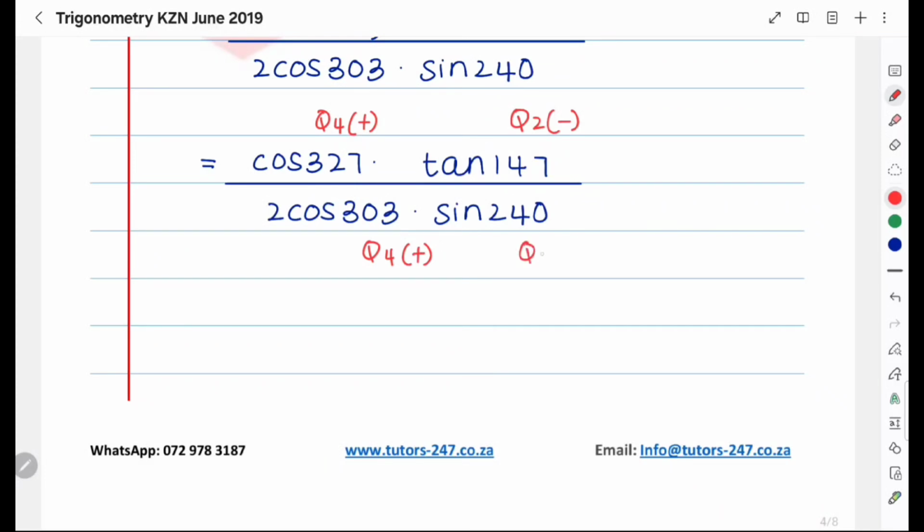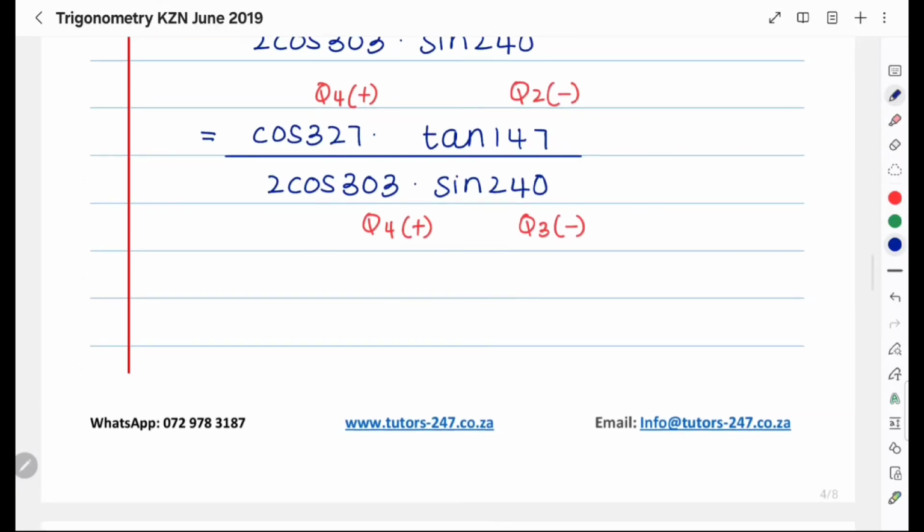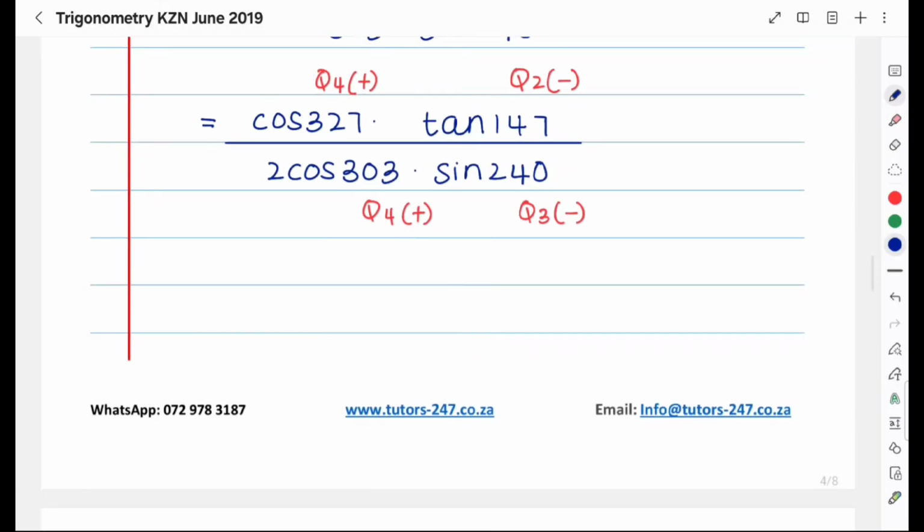And lastly, 240, that is quadrant 3, where sine is negative. Now, cos of 327. Because cos is positive in the fourth quadrant, that will become positive cos.